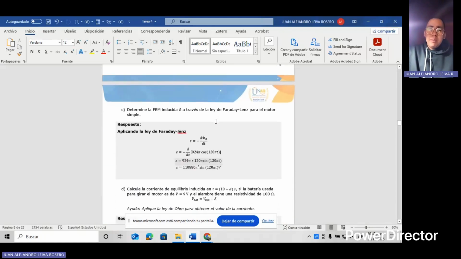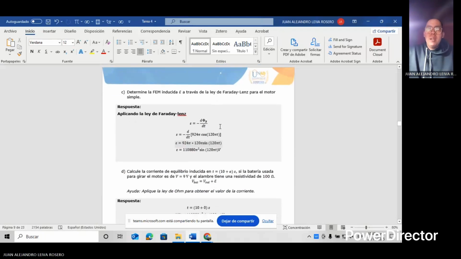According to Faraday's law of electromagnetic induction, the induced EMF equals the negative rate of change of the magnetic flux. This is the expression.